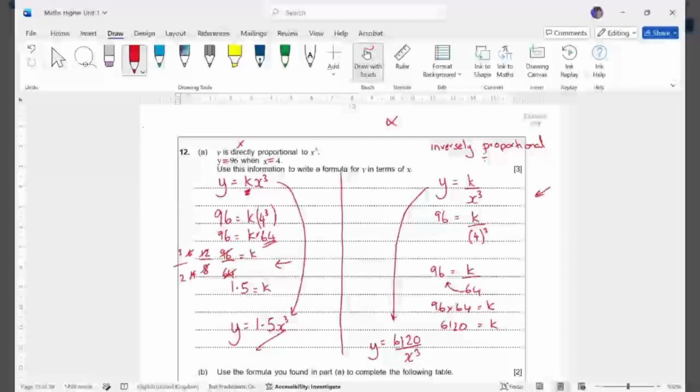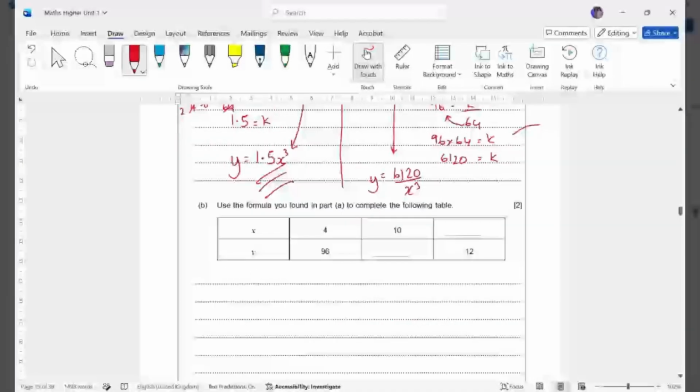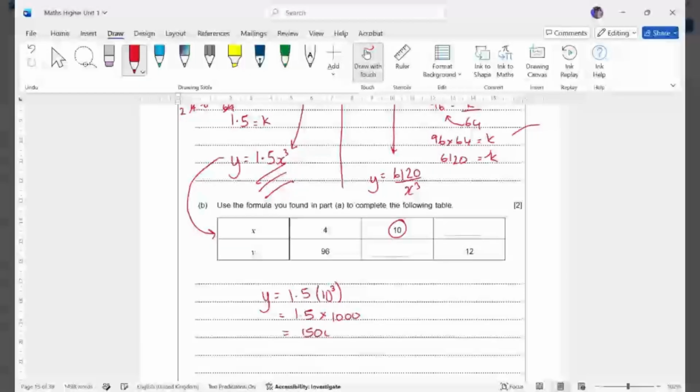This is the correct answer to this question, and this is the one we're going to use now in part b, which says use your formula, but put this value in instead of x. Well, y equals 1.5, and instead of x, you want me to put in 10 cubed, which I can do. 10 cubed is 1,000, so 1.5 times 1,000, or 1,500. Yeah, don't mind it.